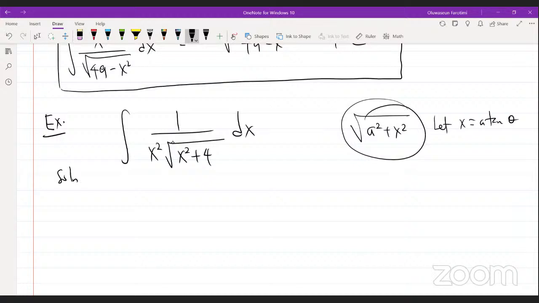So solution: let x equal, in this case, what is a? A is 2, right? You have to be careful, guys. A is not 4, because this has to be a squared, and 4 is exactly 2 squared. So it should be 2.